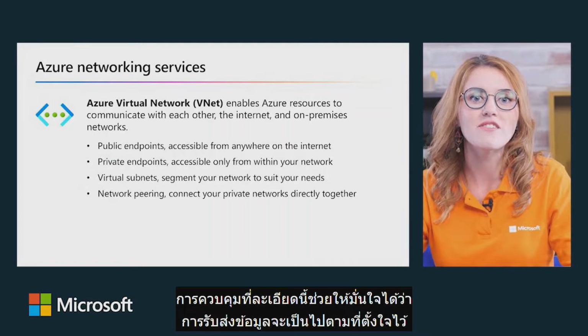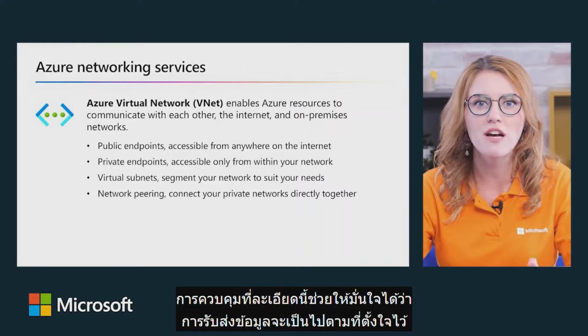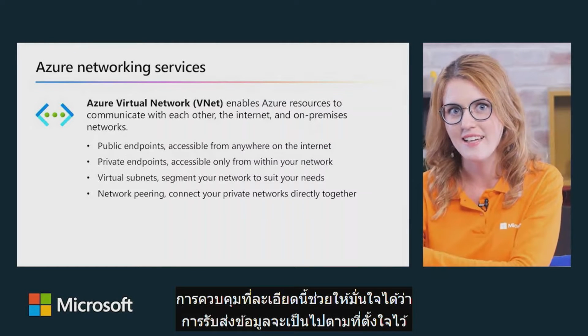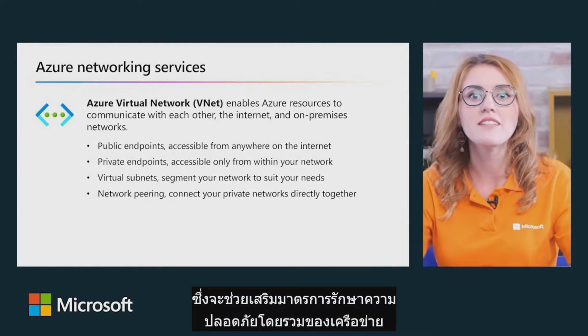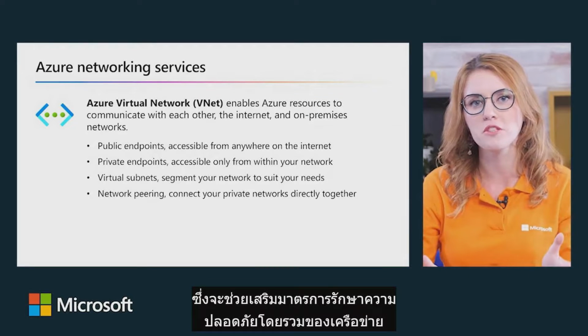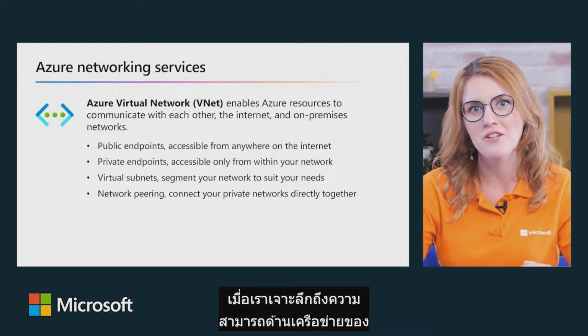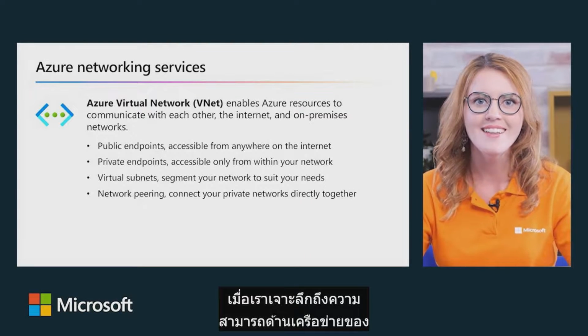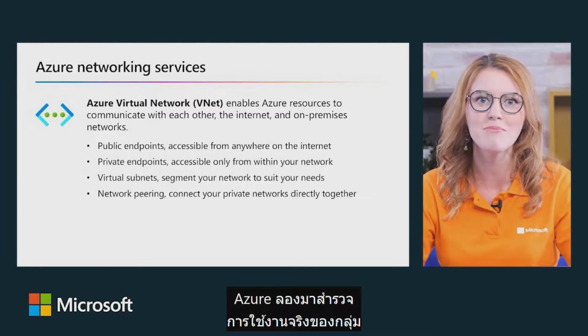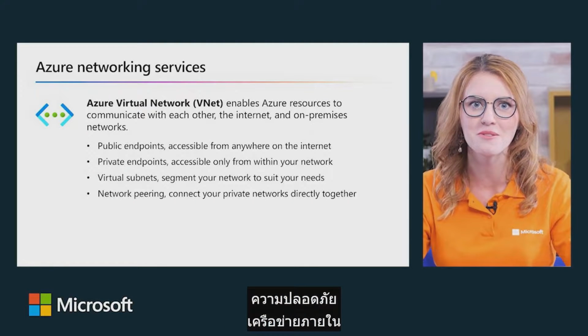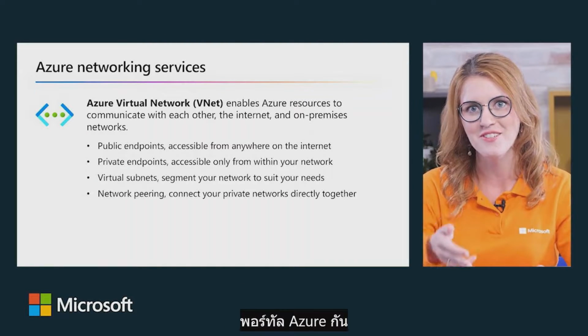This fine-grained control ensures the traffic flows as intended, bolstering the network's overall security posture. As we delve into the specifics of Azure's networking capabilities, let's also explore the practical implementation of network security groups within the Azure portal.